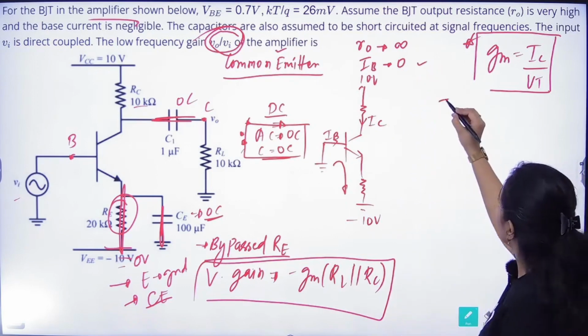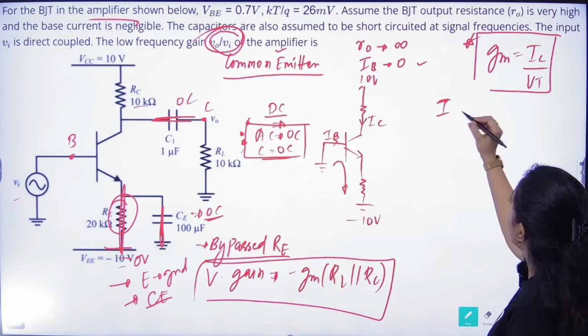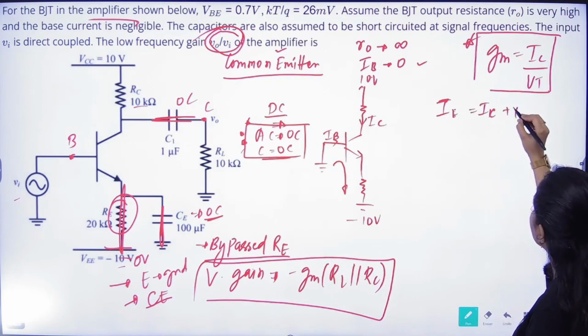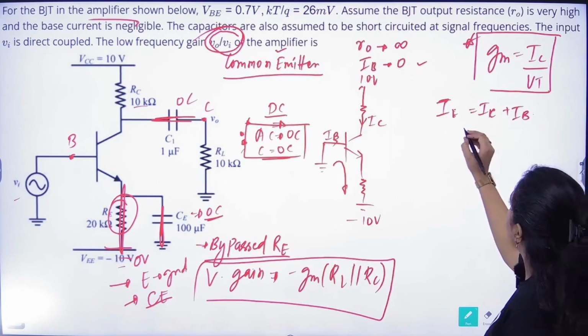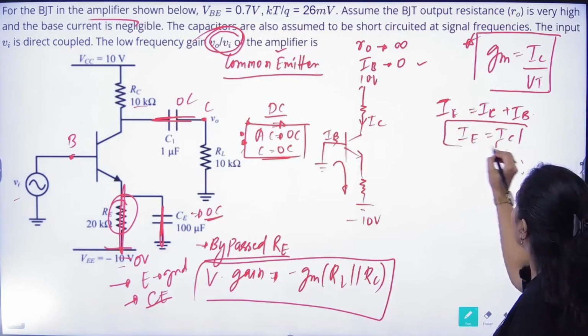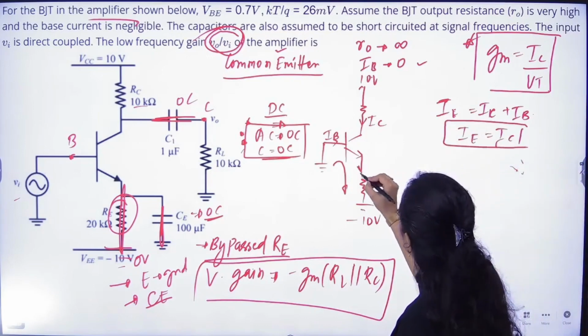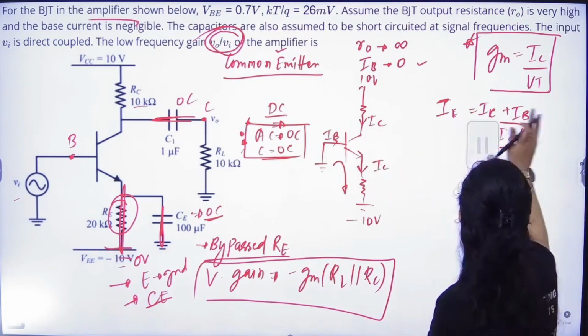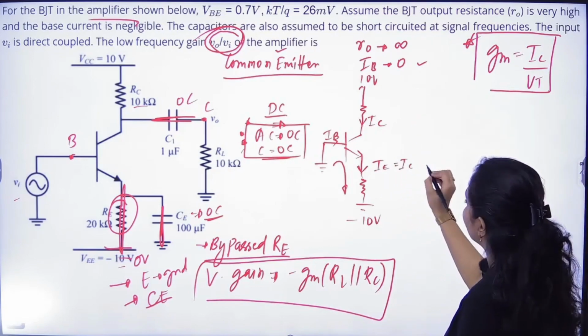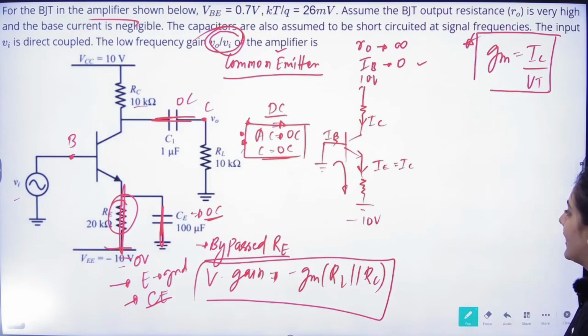So if IB is equal to 0, then IE, which is equal to IC plus IB, is nothing but the IC current only. Although this is the emitter current, it is the same as the IC current. Now I can easily find IC.